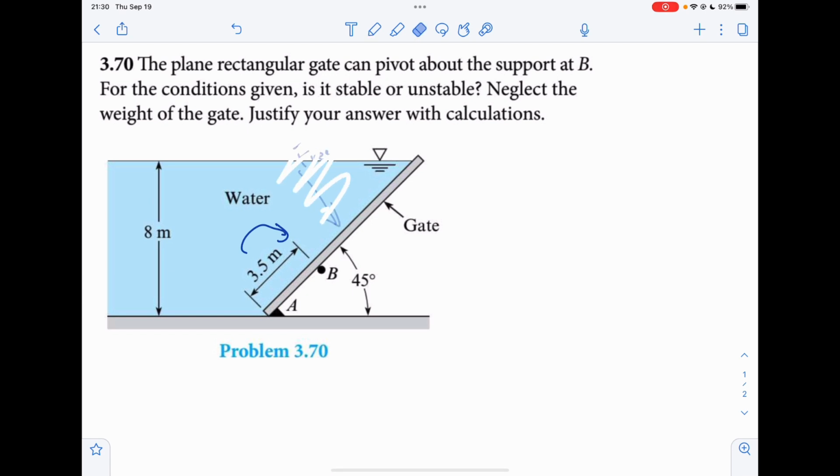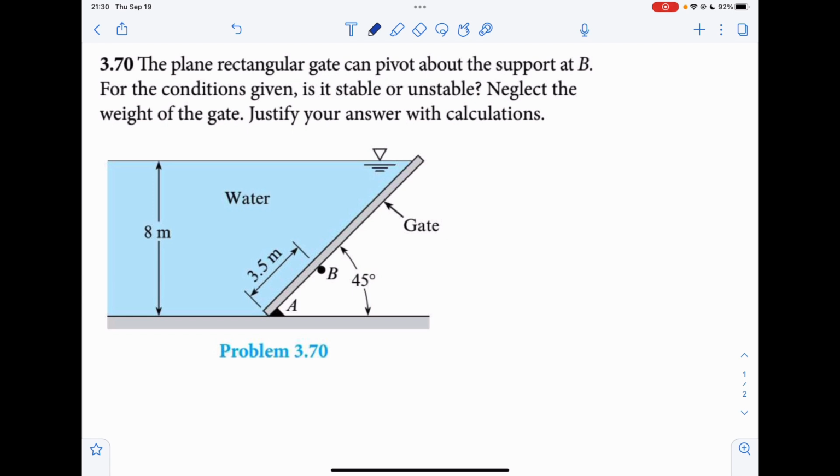But if your resultant force is acting somewhere here, then the force is getting the gate rotating counterclockwise, which point A will stop. So this situation means it's stable. Now we kind of get an idea how to solve this kind of problem.